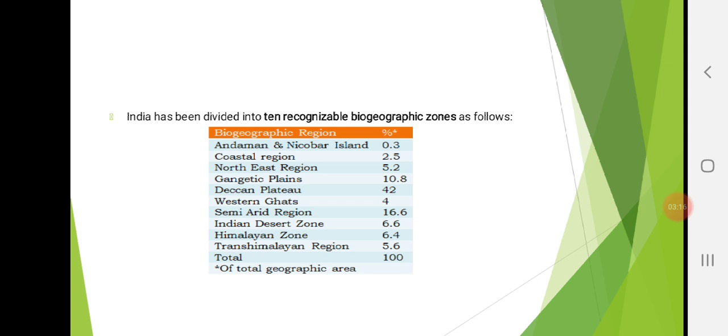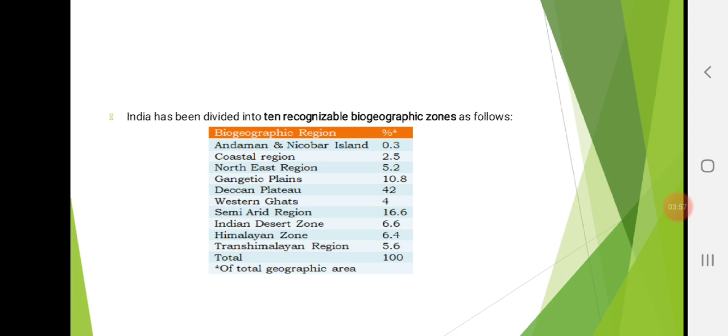Then Coastal region, Northeast region, Gangetic Plains, Deccan Plateau, Western Ghats, semi-arid regions, Indian Desert Zone, Himalaya Zone, Trans-Himalayan region, and here they have given percentages. So which is the largest area? I can say it's the semi-arid region, 16.6%. Then Gangetic Plains, 10.8%. So this is the percentage-wise distribution of biogeographic zones in India.